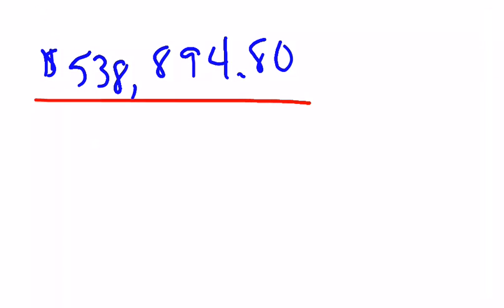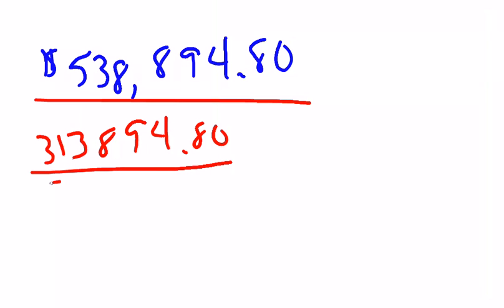So in that case, we take the $313,894.80 and we divide that by the $538,894.80. And that will give us a decimal. So when we do this, we're always going to get a decimal, and then we have to change it to a percent.